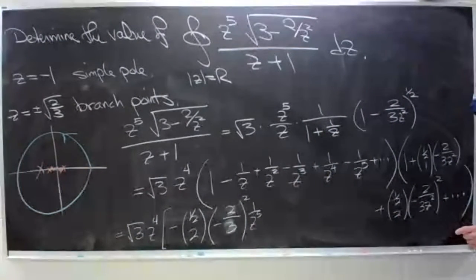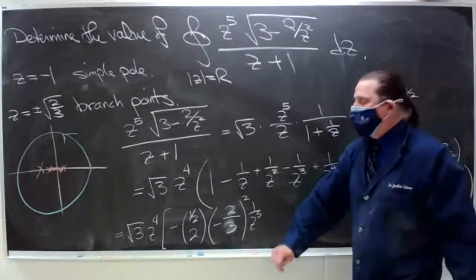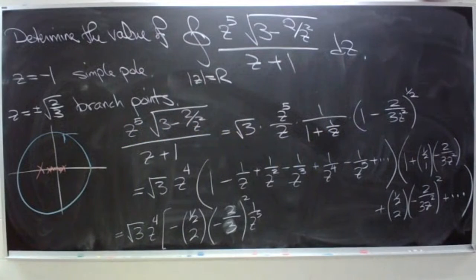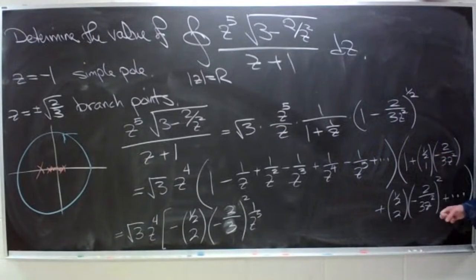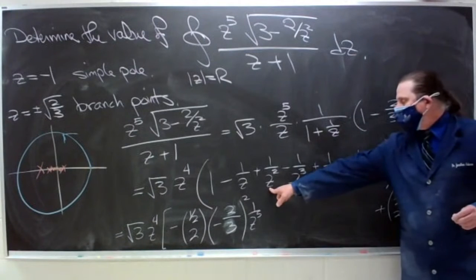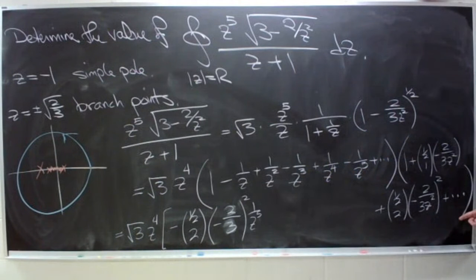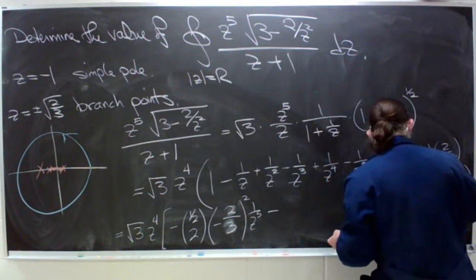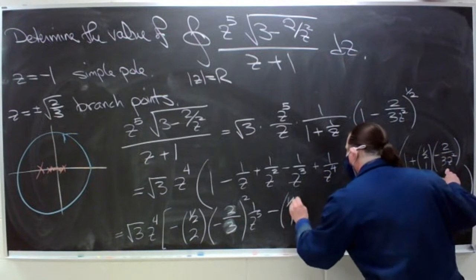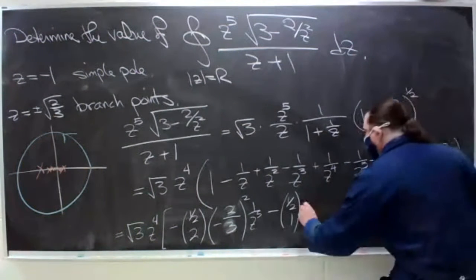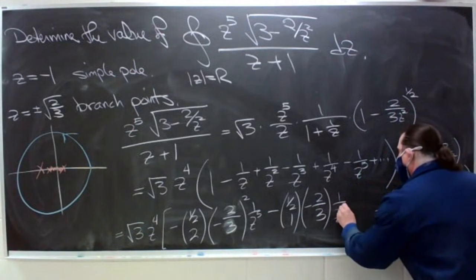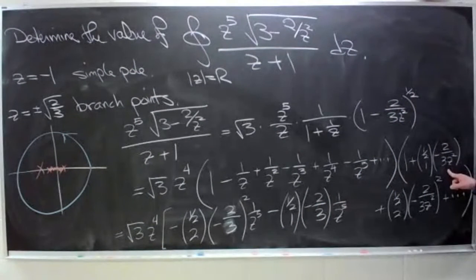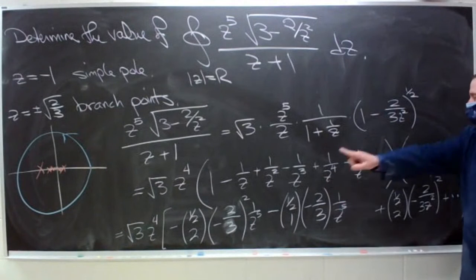All right, what else do we have? Can the 1 over z squared contribute? Well, I would need a 1 over z cubed out of the other expansion. But here, I only have even powers. So that can't contribute. What about the 1 over z to the 3rd? Well, yes, it can contribute there. So I'll have minus, and then it'll be 1/2 choose 1, negative 2/3, 1 over z to the 5th. 1 over z to the 4th can't contribute.